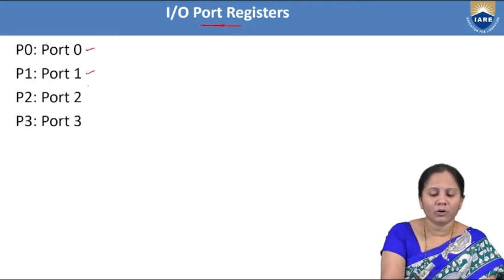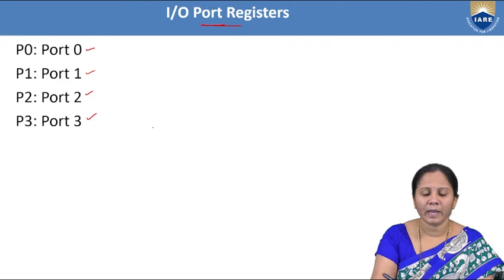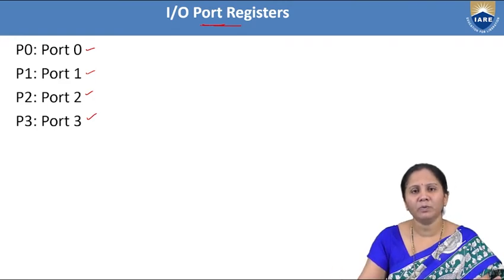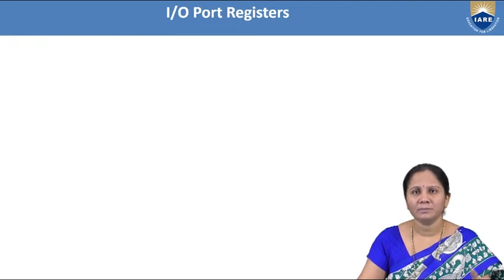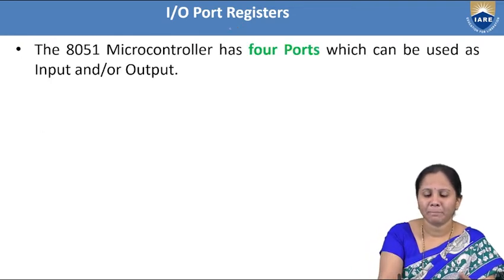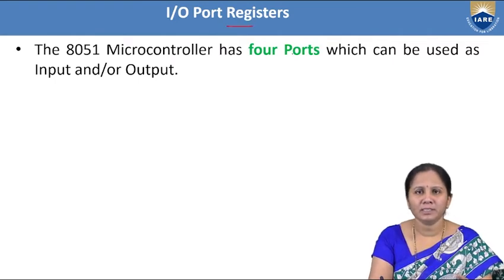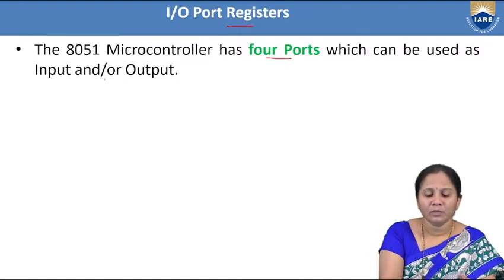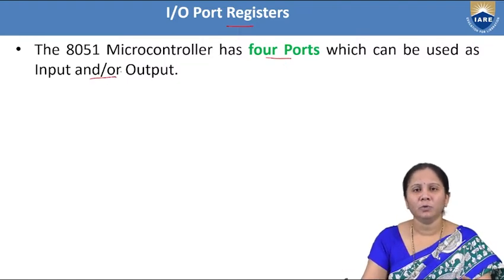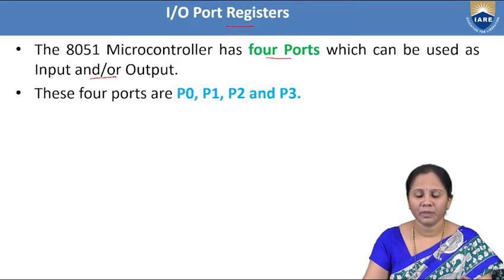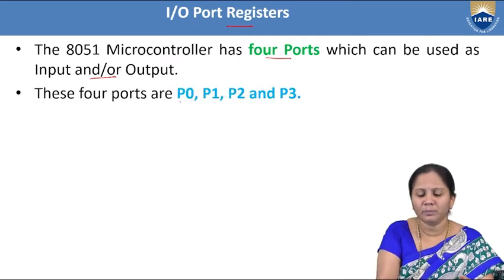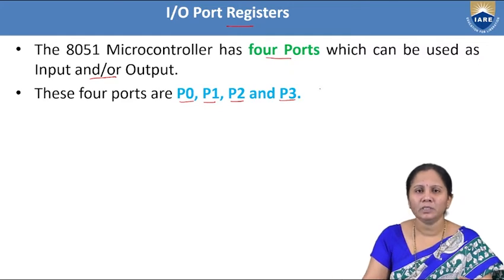Each port is of 8-bit size, and the same port can act as an input or output port because the port is bidirectional. So here are the 4 ports: P0, that is port 0, P1 port 1, P2 port 2 and P3 port 3.